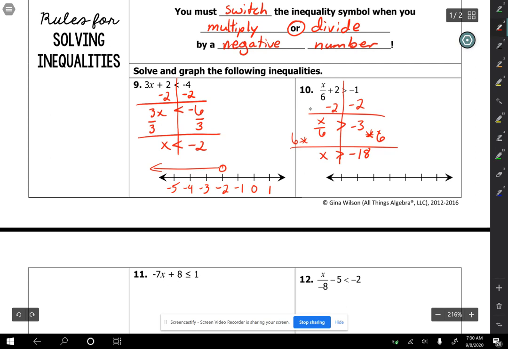Now, I did not multiply by a negative number here. I multiplied by a positive 6, so I'm going to keep my greater than symbol. To graph it, I'm putting -18 in the front. Open circle, pointing to the left.